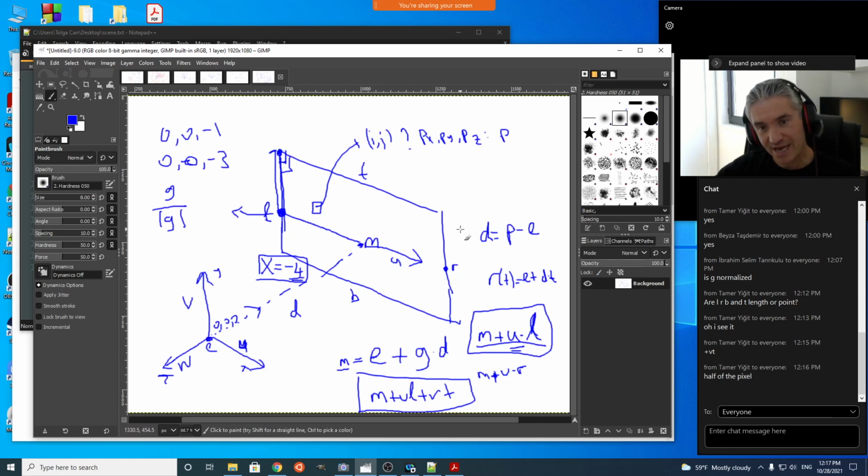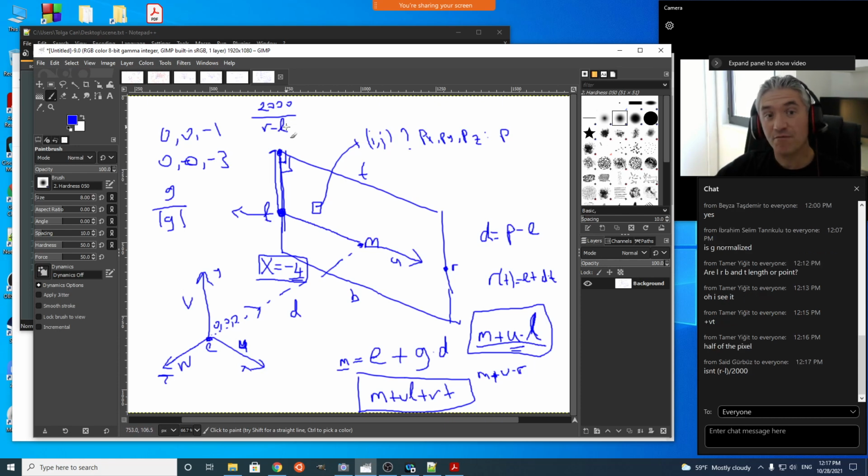How many pixels do I have here? 2000 pixels in the row. So 2000 divided by R minus L. What is R minus L? The difference R minus L is the width of my image window. If you do it for our values, 4 minus minus 4, it's going to be 8. So 2000 divided by this is my pixel width.